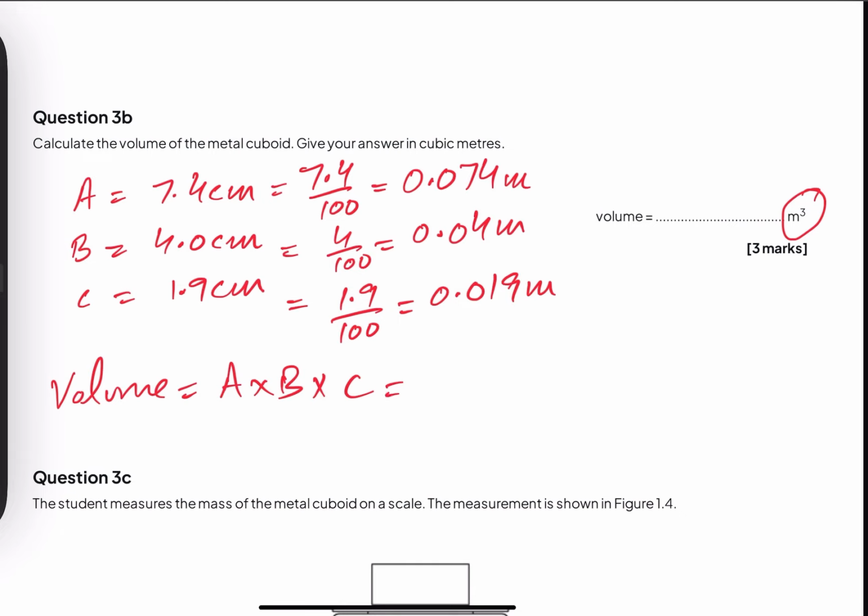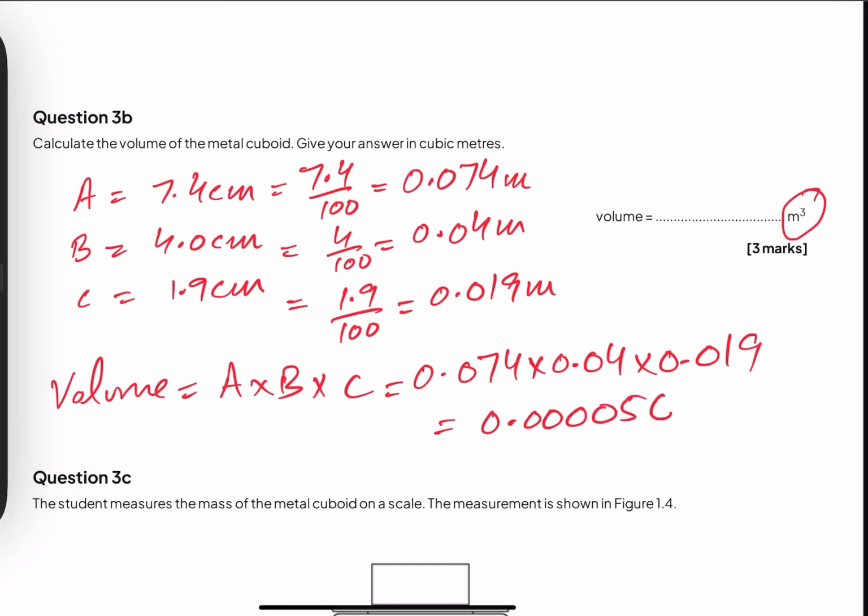So 0.074 multiplied by 0.04 multiplied by 0.019. The answer will be 0.00056 meter cube, or in scientific notation, 5.6 times 10 raised to power minus 5 meter cube.